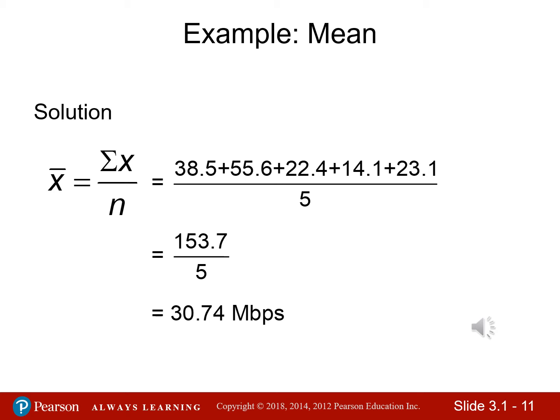And so our mean for this sample is 30.74 megabits per second. So we would say that the sample mean of the first 5 Verizon data speeds is 30.74 megabits per second.